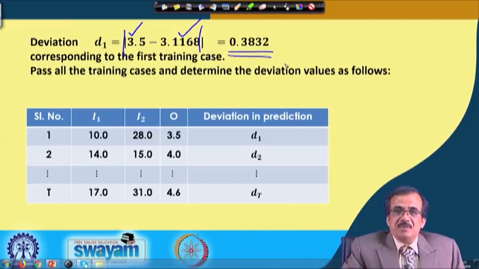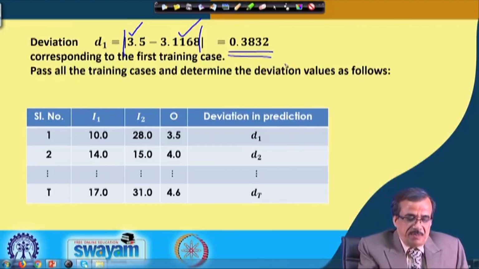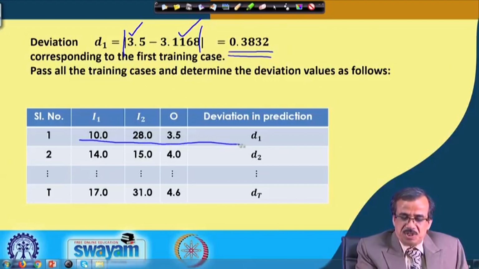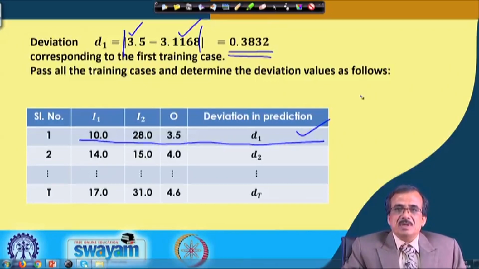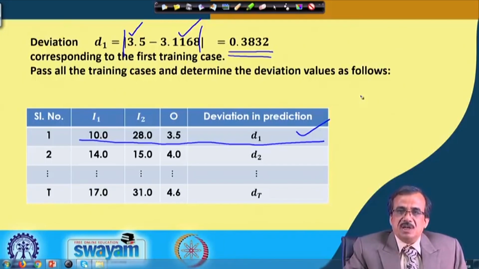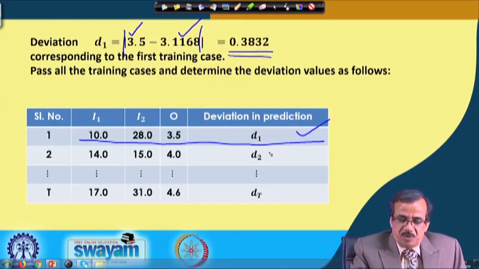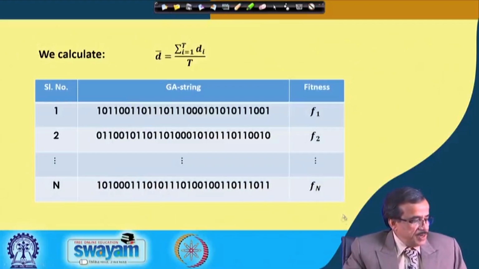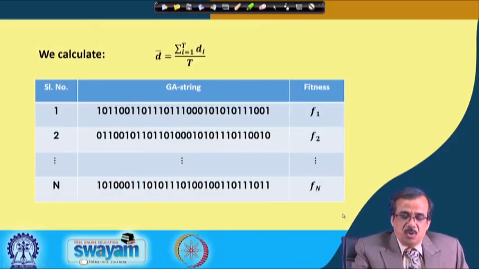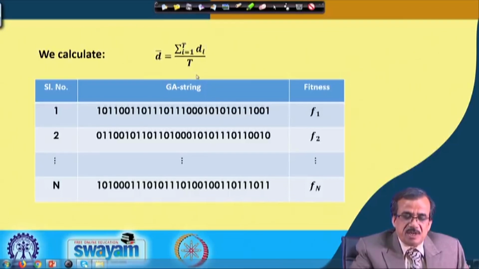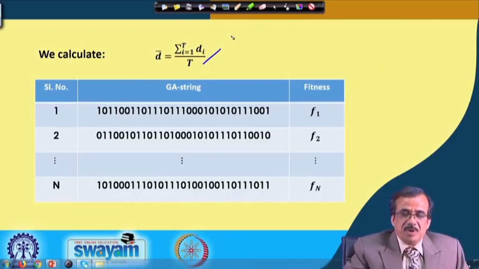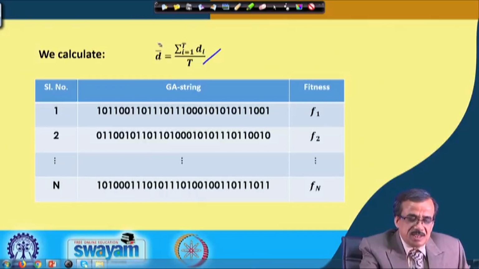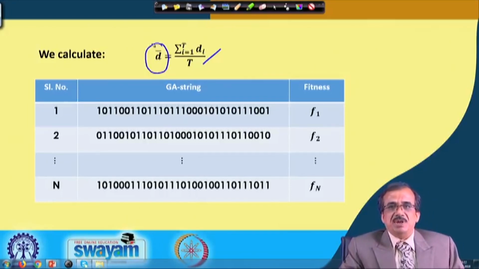Now, this particular deviation corresponds to the first training scenario. So, this is the first training scenario. We will have to follow the same procedure for all the training scenarios, and we will be able to find out D2, D3 up to DT. After that, we try to find out the total deviation, and that is divided by the number of training scenarios, and that is nothing but the average deviation.